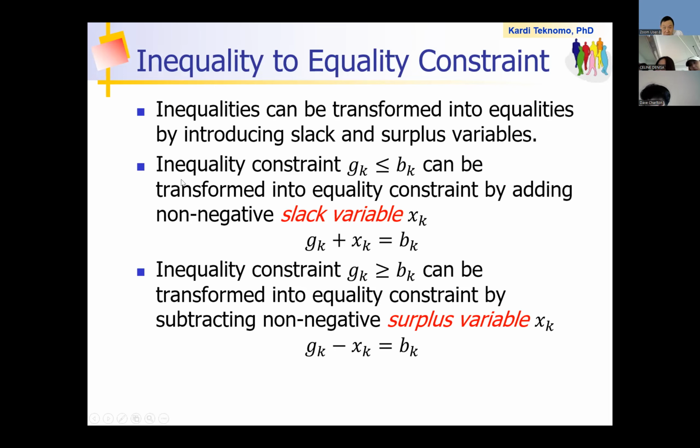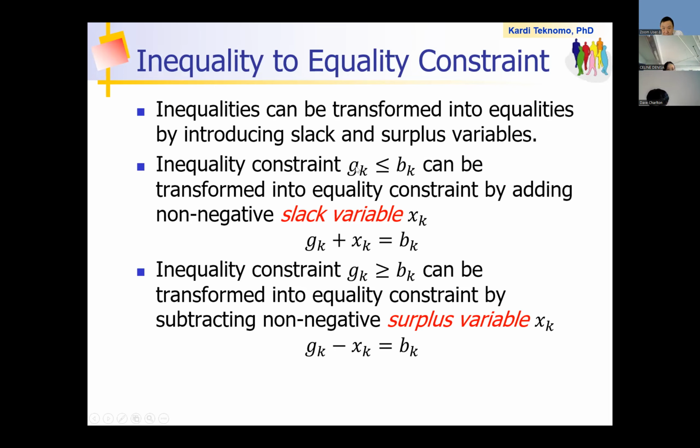So if you have inequality constraint g_k(x) less than b_k, so inequality is less than, then what you need to do, you add what is called a slack variable. Yeah. So the slack variable must be non-negative.